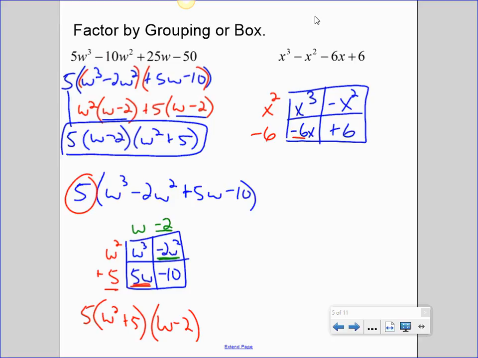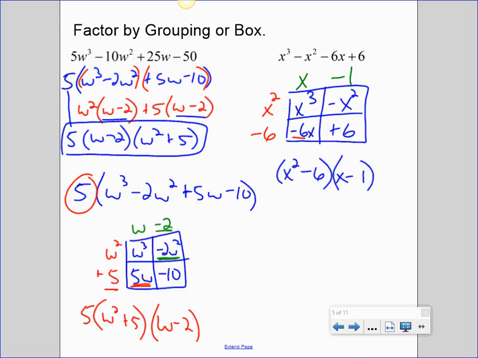If I look across the first column, I can see that there is an x common. If I look down the second column, I can see that there is a negative 1 common. So my factors would be x squared minus 6 and x minus 1.